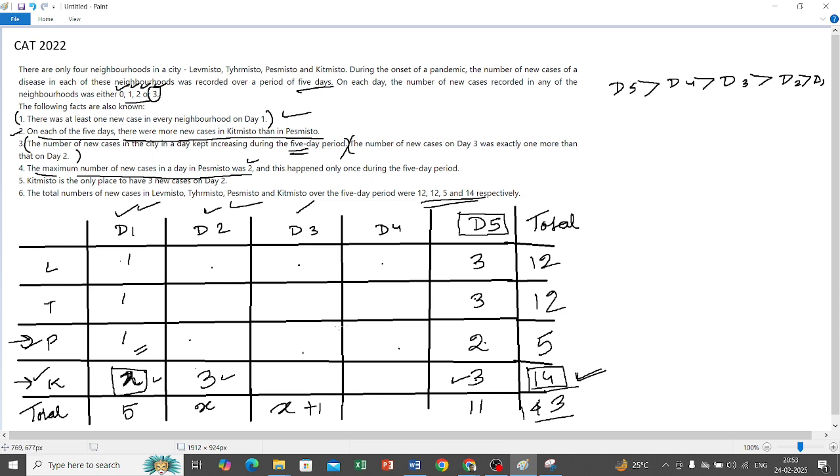So tell me, to make 6, which two numbers do I need from here? 3 and 3. So that means this has to be 3 and 3. There are no other options.